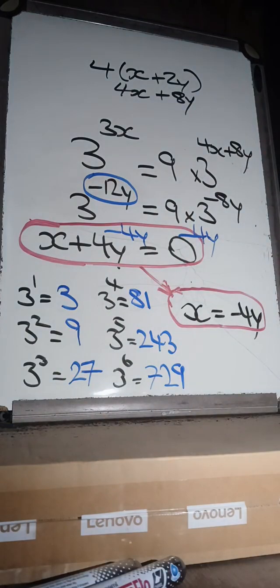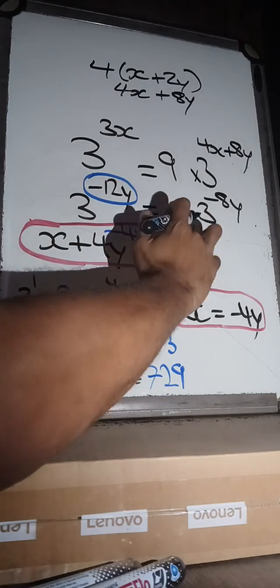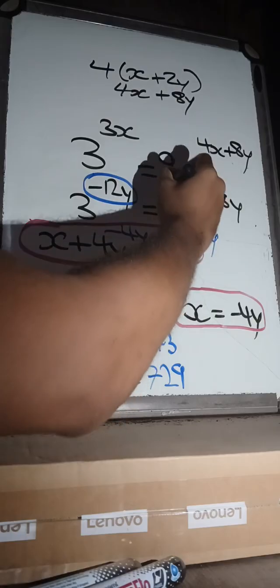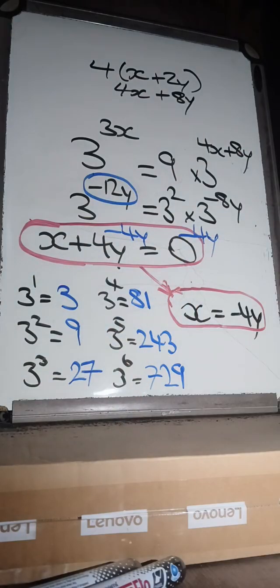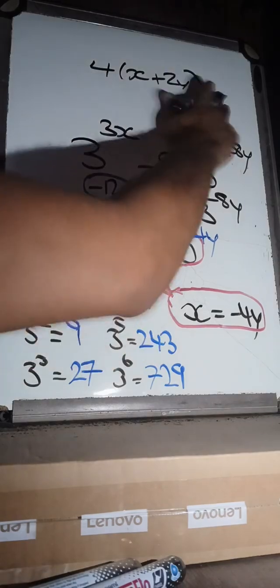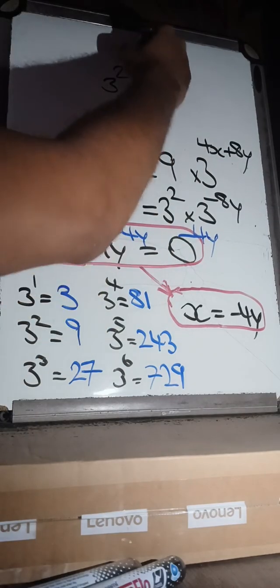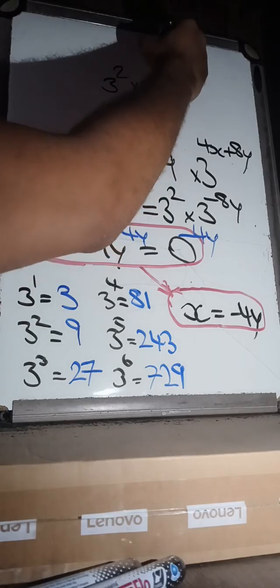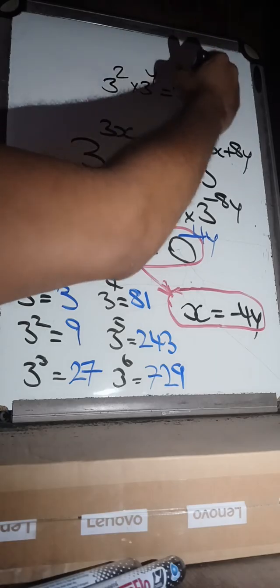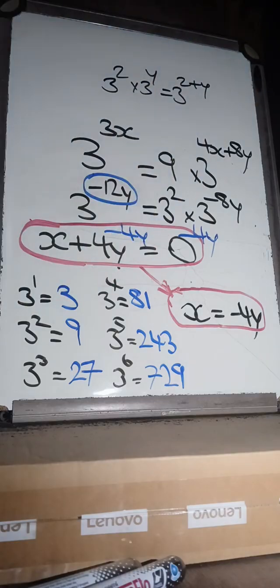Now life is nice, because now when we multiply 3 to the 2 by 3 raised to the minus 8y, when we group it together, it becomes 3 raised to the 2 minus 8y. And this is according to the indices rules, right? So for example, if you have 3 to the 2 times 3 to the, let's say, y, it becomes 3 to the 2 plus y.